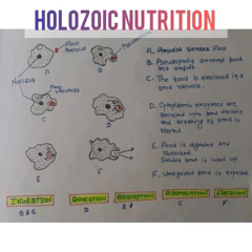You have to focus on the diagram A, B, C, D and E, F. Here in the diagram, C represents the ingestion, D represents the digestion, E represents the absorption and assimilation, F represents the egestion.